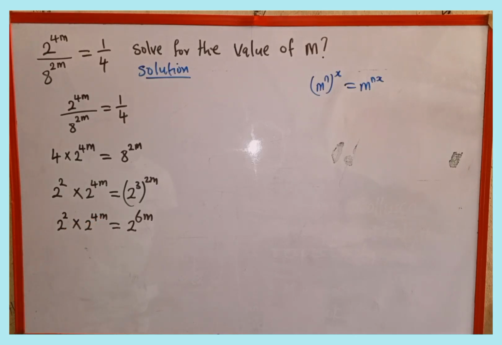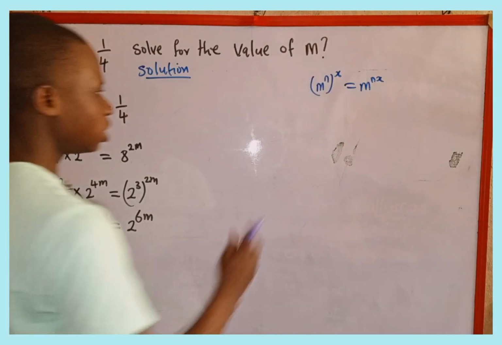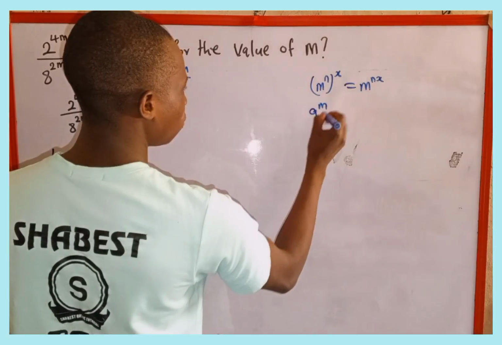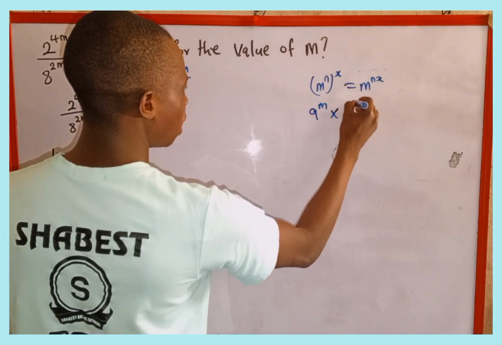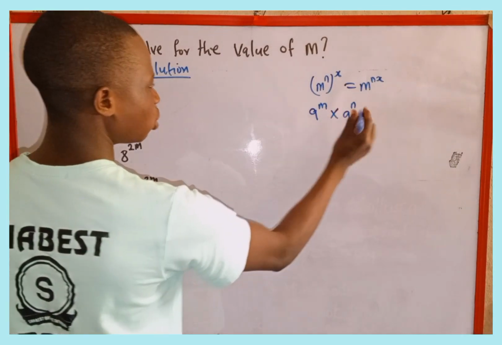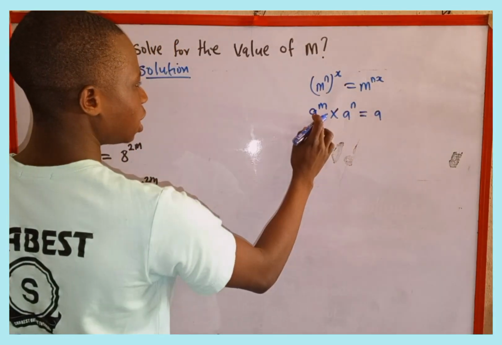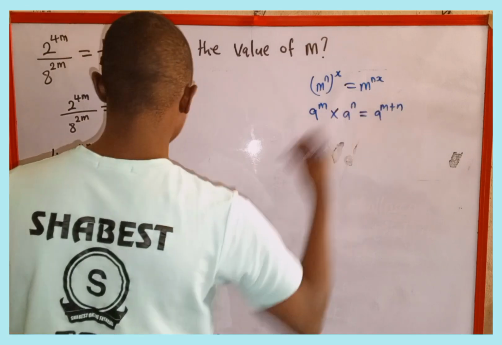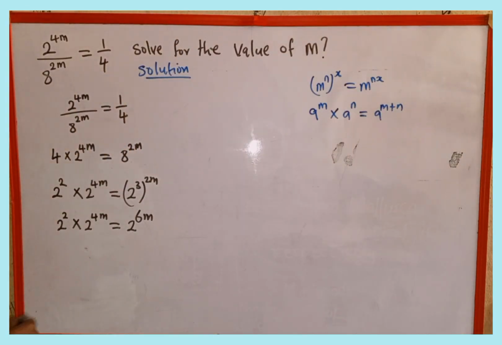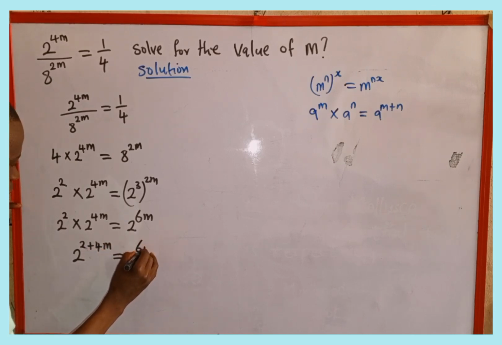We recall the multiplication law of indices, which says that when the base is the same and there's multiplication, we write one of the base and then add the powers. So when you have a to the power of m multiplied by a to the power of n, you write one of the base, which is a, then you add the two powers together. We use this on the left hand side: we write one of the base, then the first power, which is 2, plus the second power, which is 4m. So everything now will be equal to 2 raised to the power of 2 plus 4m.